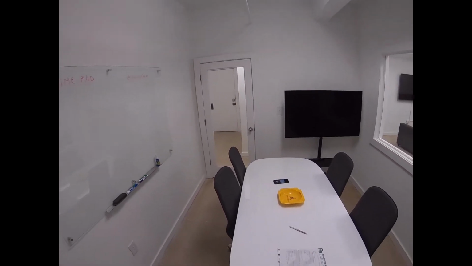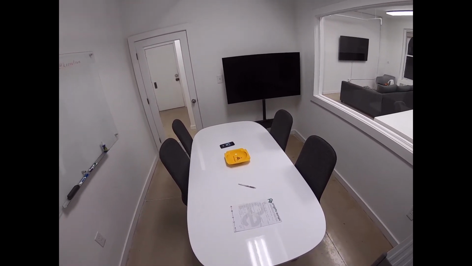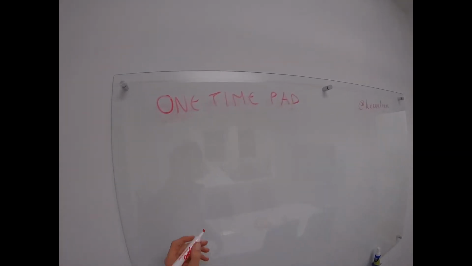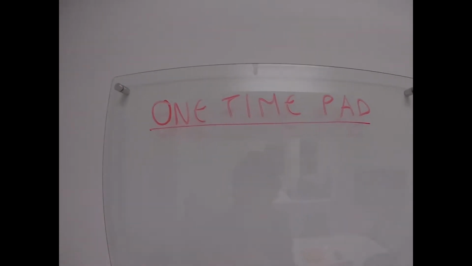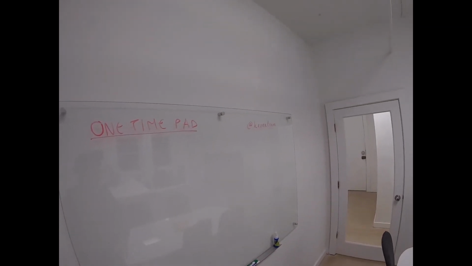And so to start this, to introduce one-time pad, we should go back to the Caesar cipher for a second, because we saw that the Caesar cipher was working by shifting.